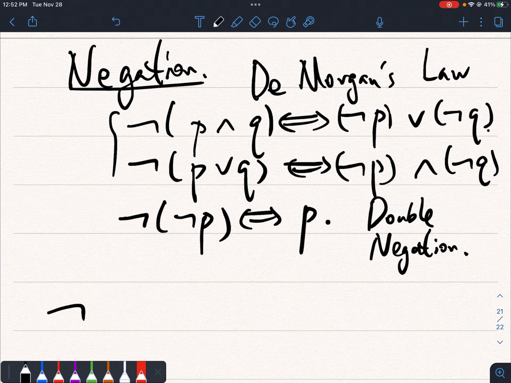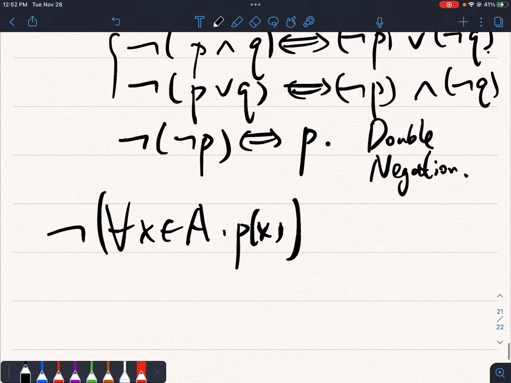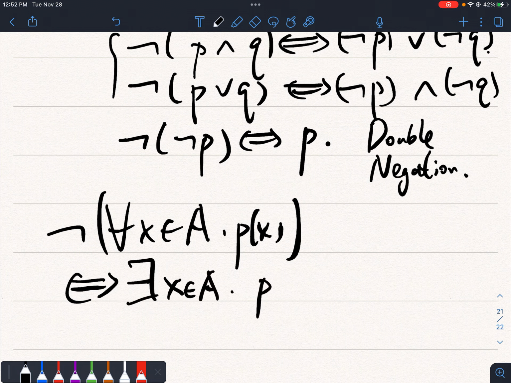And what I want to talk about today is what is the not of for all x in A, P of x. So this means P of x is true for all x in A. If this is false, then it is equivalent to P of x is false for some x in A, or for at least one of the elements in A. So this is equivalent to say there exists some x in A such that not P of x.